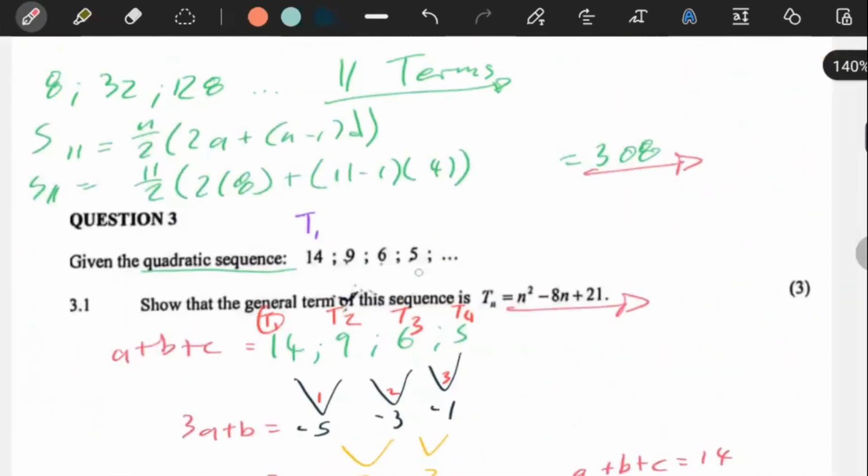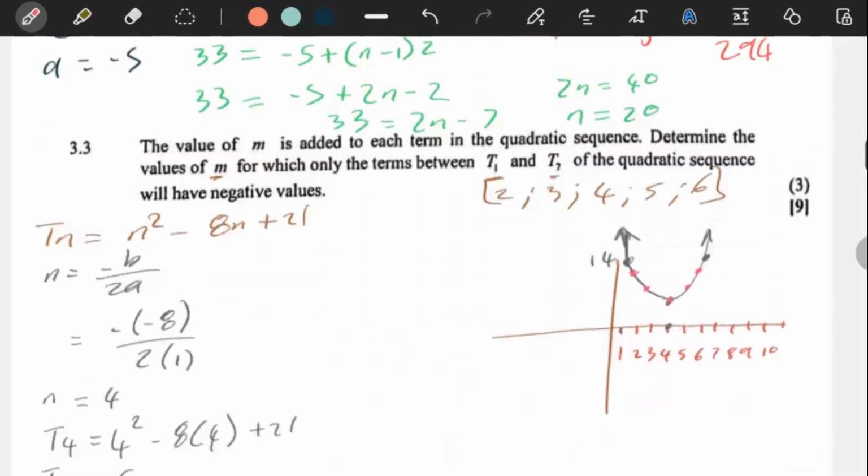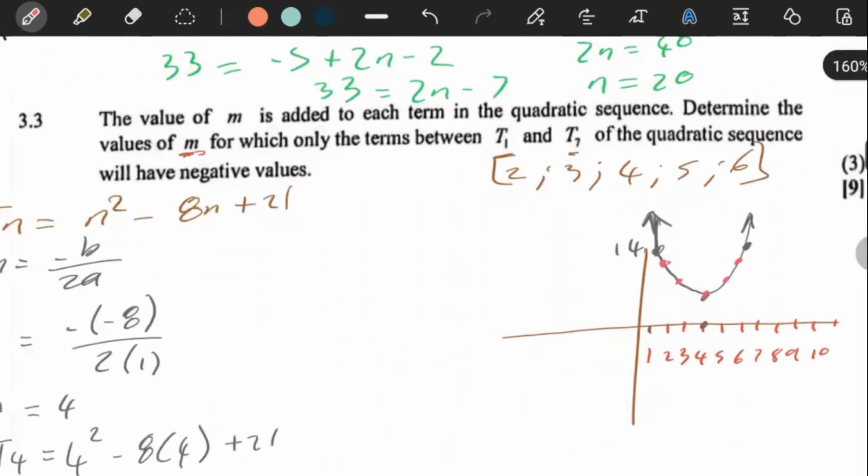They're going down until 5. You see, 14, 9, 6, 5, and then they go up again, 6, 9, and then 14. And then obviously they keep going higher if we're looking at it from that side, going on and on and on. So they said, how many units does the graph have to be moved for these values here to be negative? So it's just asking us how many units we have to move the graph downwards for this section here to be negative numbers.